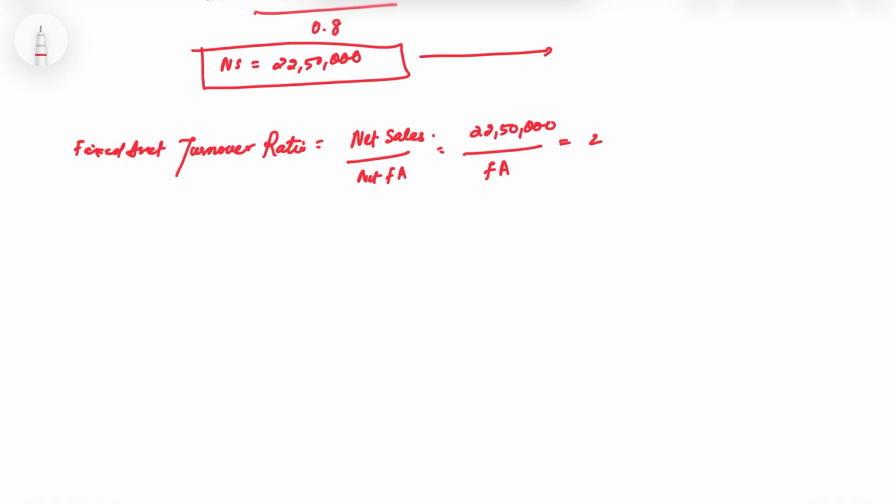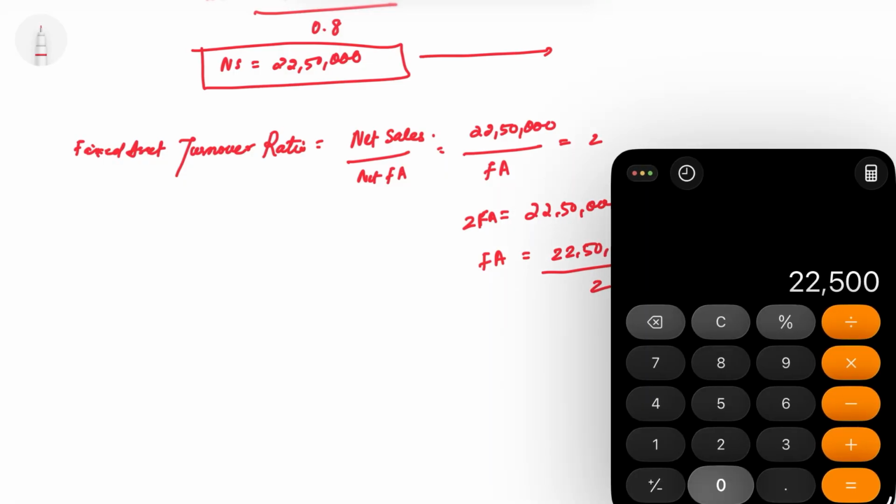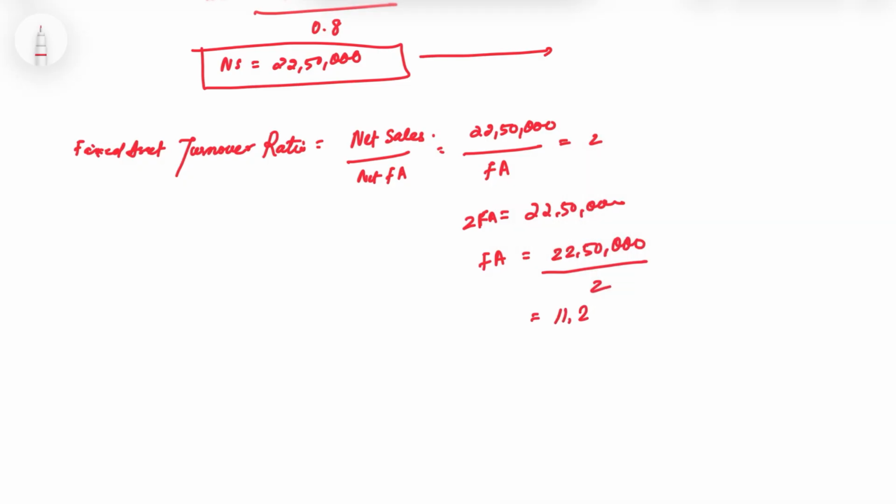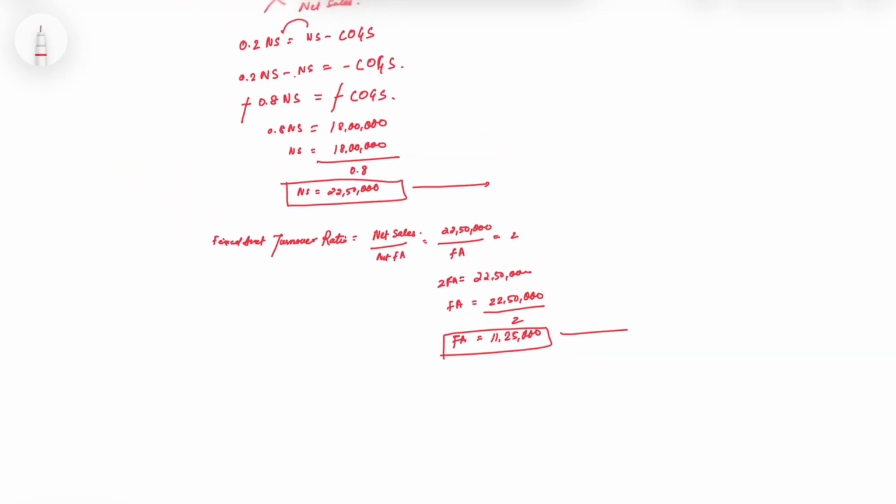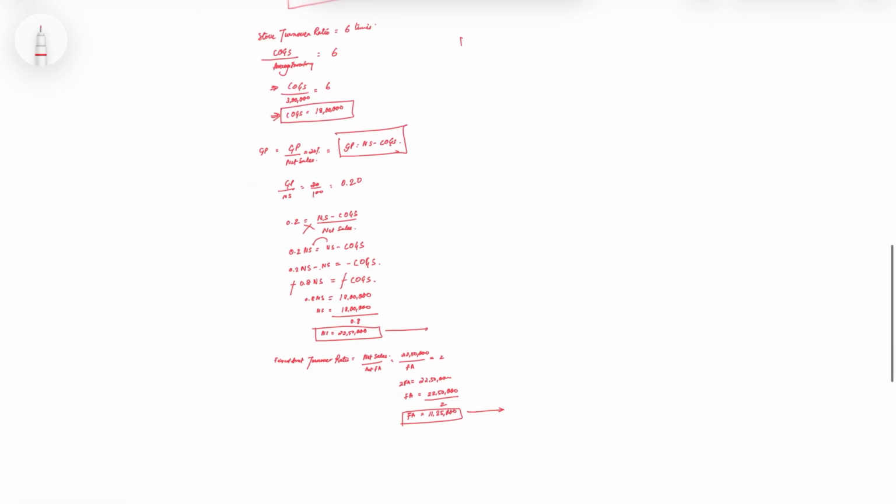Cross multiplying, 2 fixed assets is equal to 22 lakh 50,000. So fixed assets is 22 lakh 50,000 divided by 2, which is 11 lakh 25,000. So our fixed assets are 11 lakh 25,000.